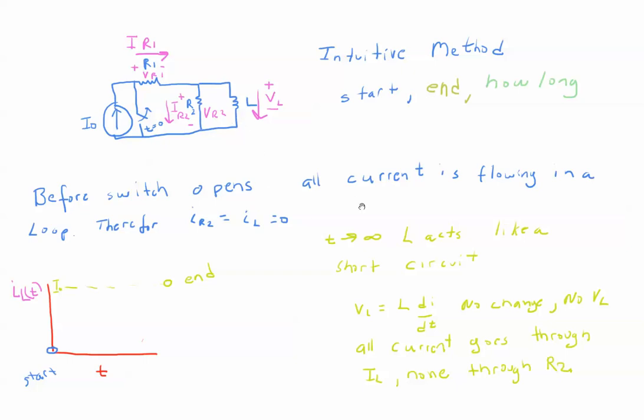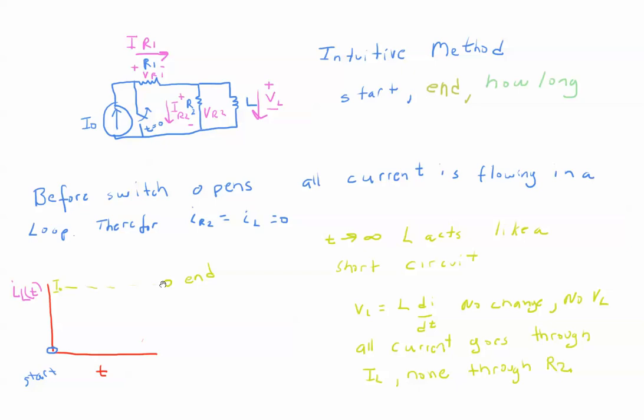But remember that when there's no change, the voltage across the inductor is 0, since voltage across the inductor equals L di/dt. First order systems start someplace, end up someplace, and then don't change. So if that's 0, then that has to be 0.